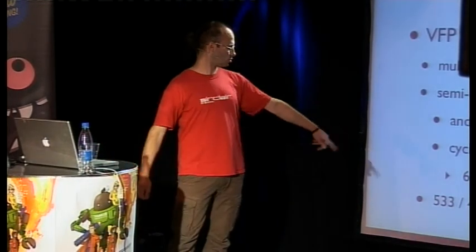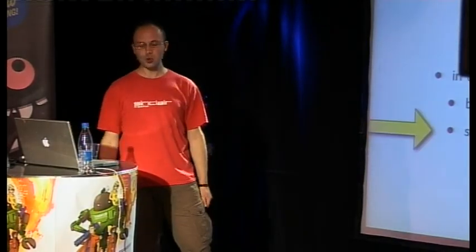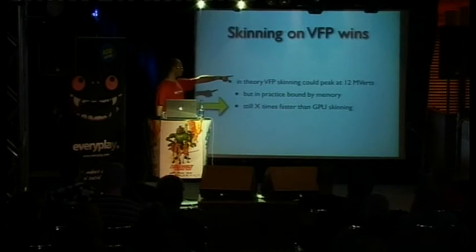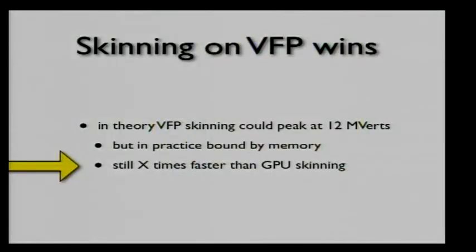You can do it better than that. If we divide the frequency rate by 40, we get that we could, in theory, peak at 12 million vertices. In practice, you will not be able to do that because you will be memory bound. However, it will be a number of times faster than doing skinning on GPU. So yeah, just use VFP.